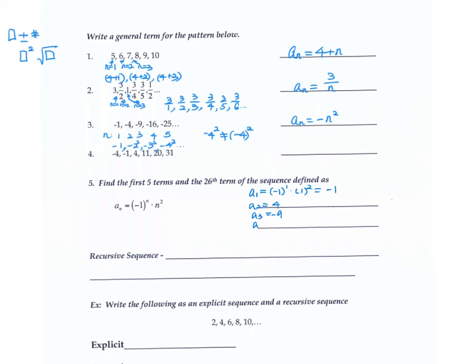Make sure you do it on the side. a4, I'm going to do the 4. So negative 1 raised to the power of 4 times 4 squared. So that's positive 1 times 16. So I have 16 there. Okay, is there a 5? I have 5 terms, right? Same thing. I should have negative 25.